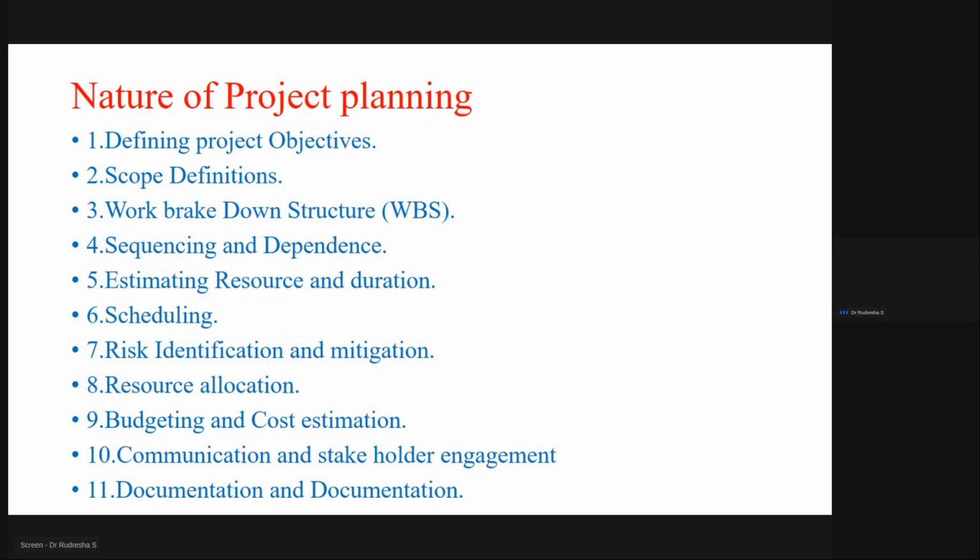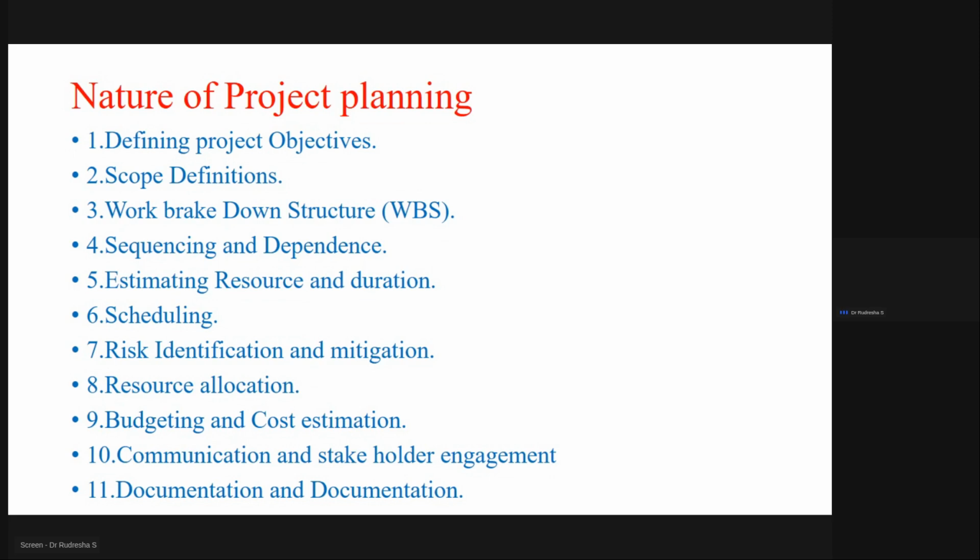Communication and stakeholder engagement. Project planning includes identifying the project stakeholders and developing a communication plan to ensure effective and timely communication with all relevant parties.